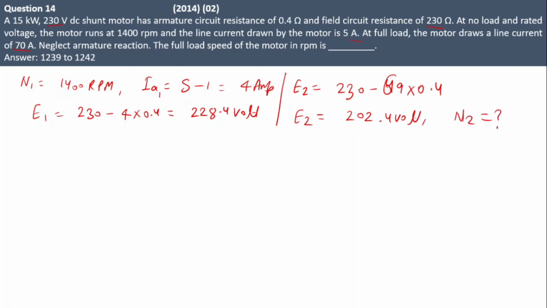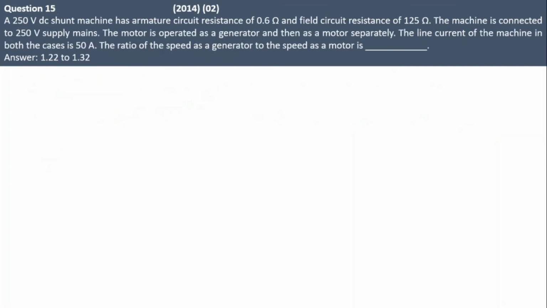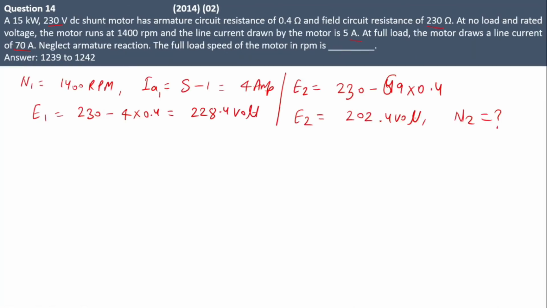You have to find the speed N2. Here N1 is 1400. So easily you know the relationship, simple. E1 by E2 equal to N1 by N2, because this is a DC shunt motor, so excitation is constant.